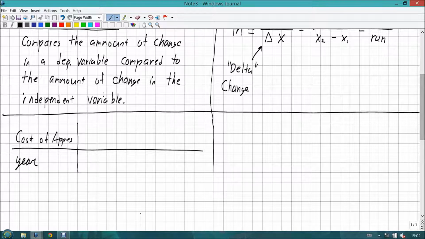So way back in 1988, the cost of an apple was 25 cents. Then 2 years later, in 1990, it was still 25 cents.